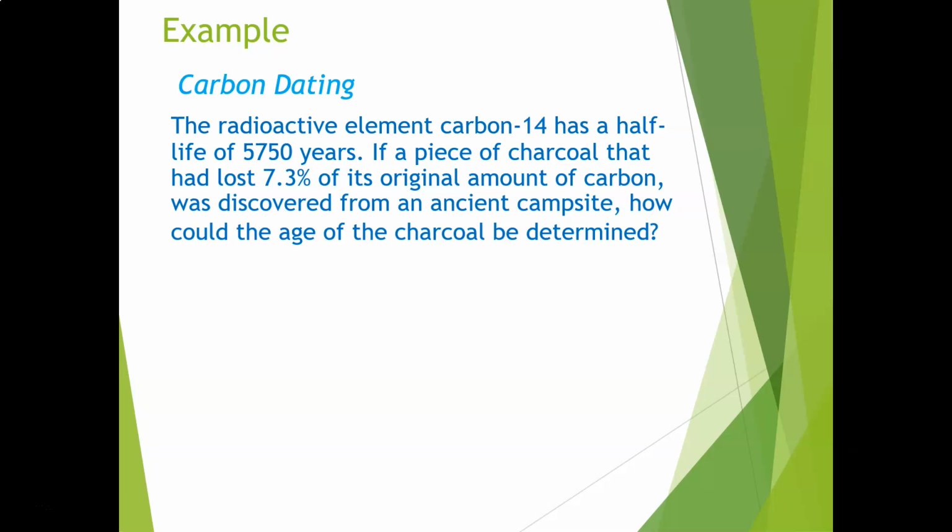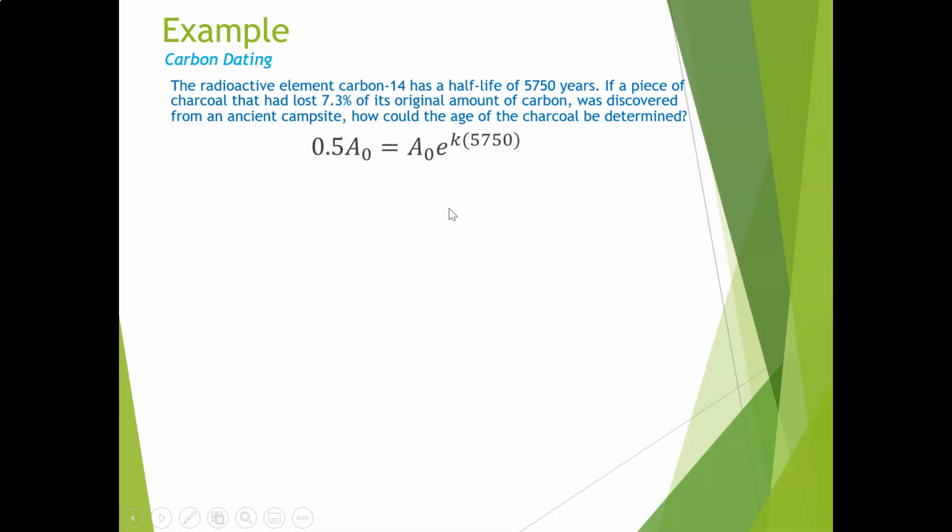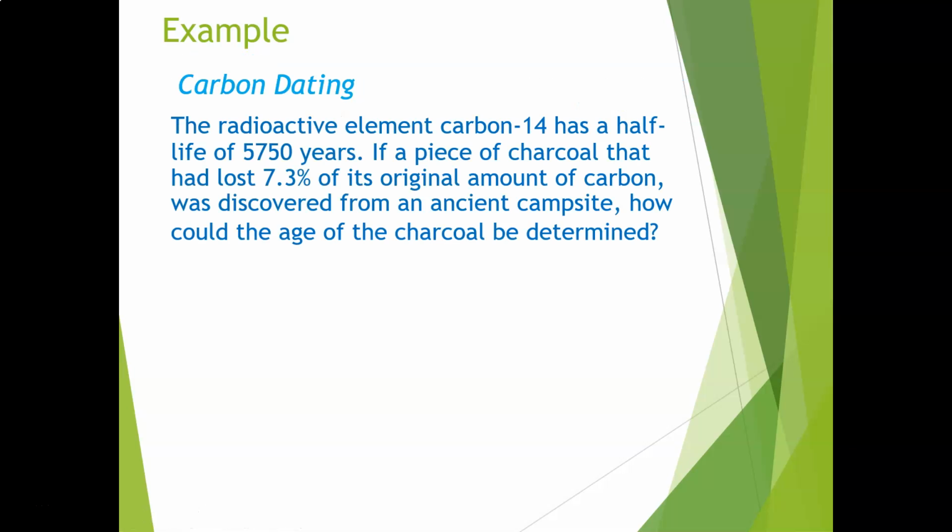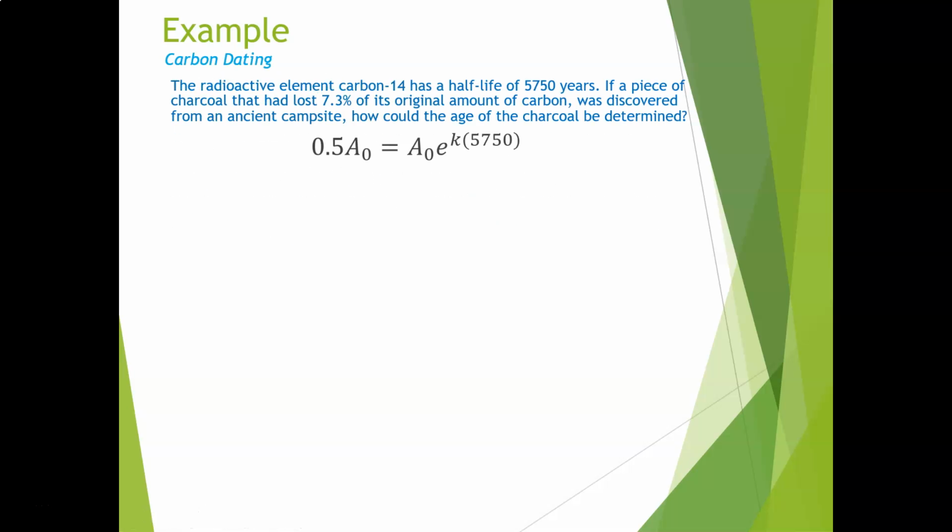So we start with the rule that we need to know. Well, we start with A equals A naught e to the kt, and they've now substituted in the first value, haven't they? Half-life means I've got half of the original amount. That's why it's 0.5 A naught, or A naught over 2, half A naught, don't care how you write it. That happens when it's 5,750 years.